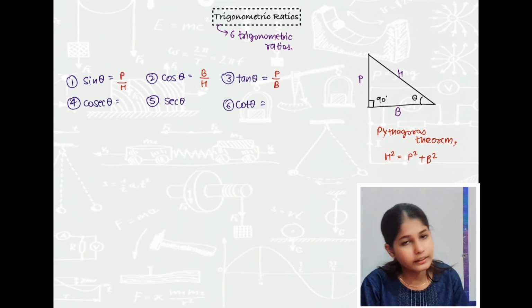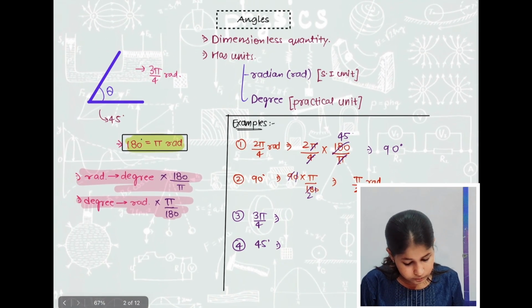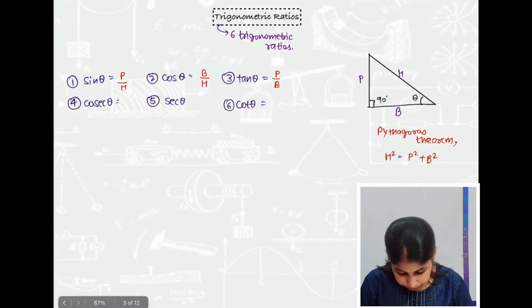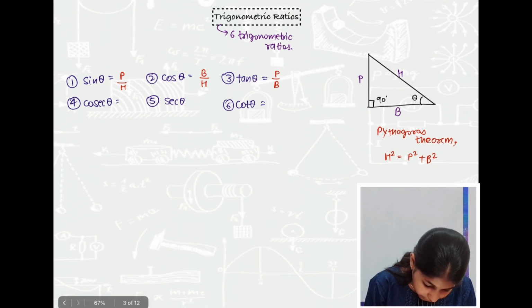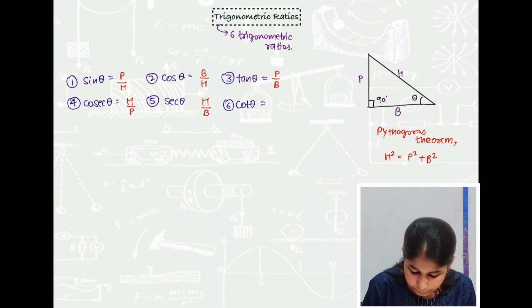All the things that I have already discussed should be learned. Cosec theta is equal to H upon P. Sec theta is equal to H upon B. Cot theta is equal to B upon P.